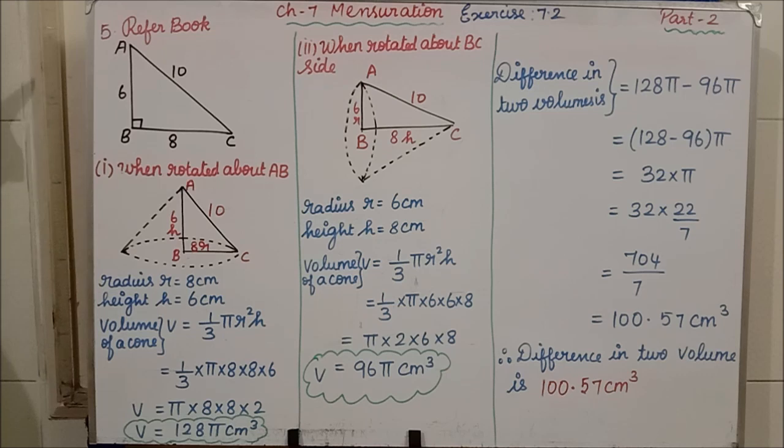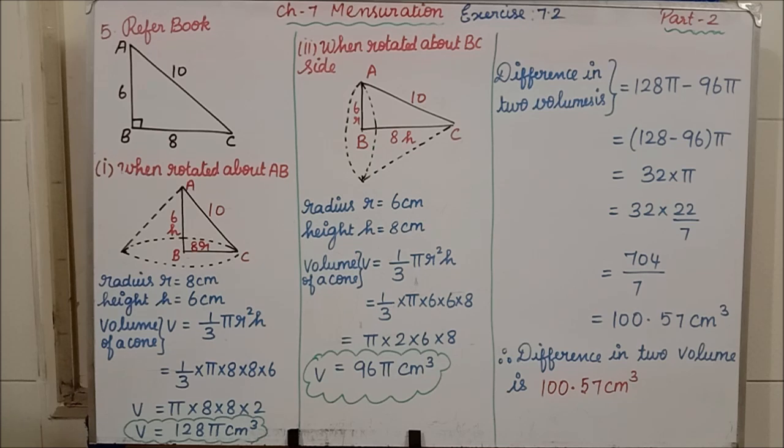Do you remember, in the part 1 session, we did the same model there also. But when we solved it in part 1, we did it by curved surface area. So here we are going to do it by volume. Here I am going to rotate the cone in two ways.